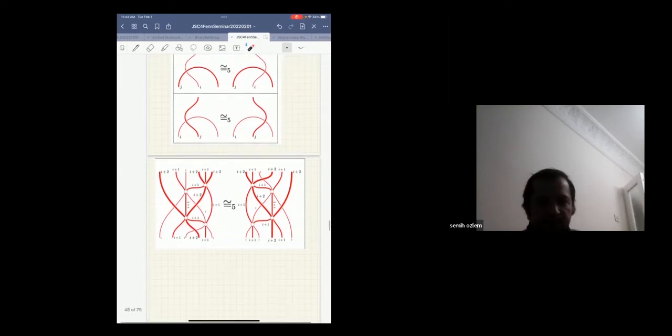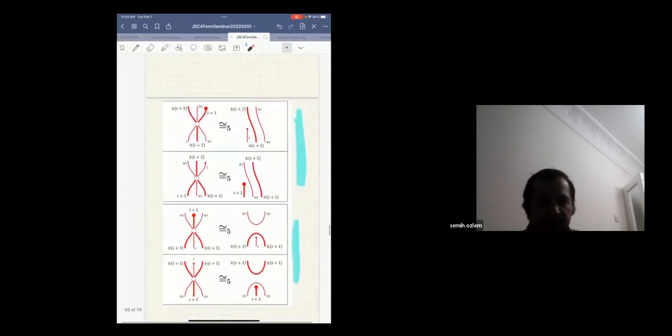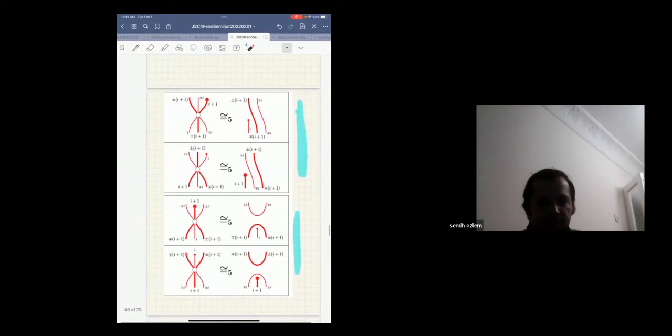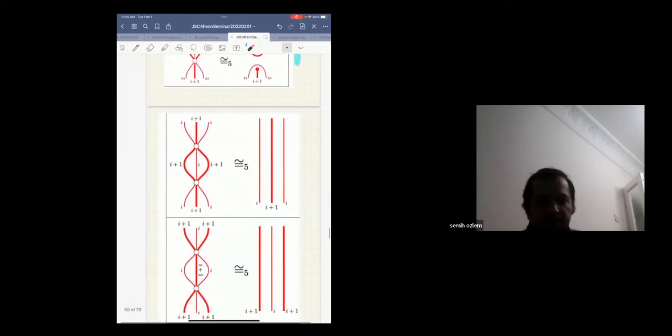And so it's kind of surprising. What we'll do in a bit is we'll actually pull black vertices through white vertices in one of these fashions as indicated. Two white vertices cancel.